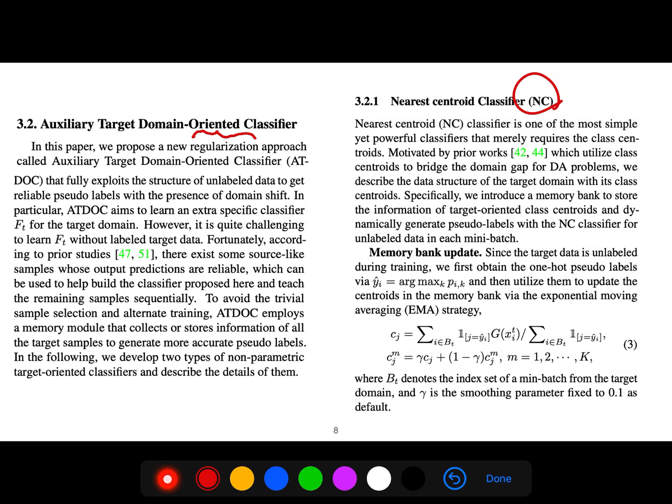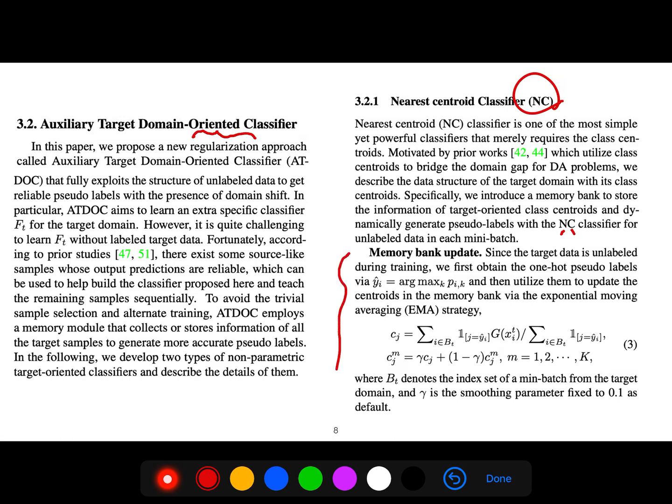Motivated by prior works which utilize class centroids to bridge the domain gap in domain adaptation problems, we describe the data structure of the target domain with its class centroids. Specifically, we introduce a memory bank to store the information of target-oriented class centroids and dynamically generate pseudo-labels, acting as a nearest classifier for unlabeled data in each mini-batch.